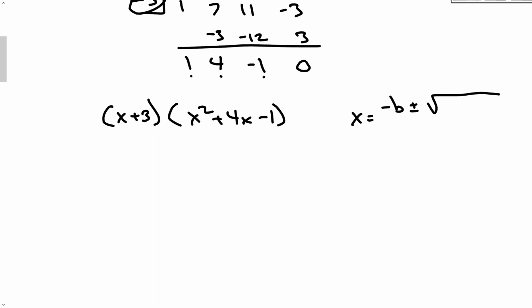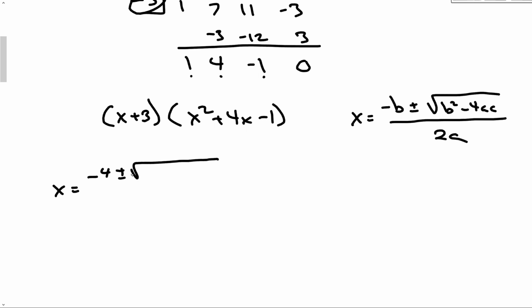Negative b plus or minus the square root of b squared minus 4ac all over 2a. So x is going to be equal to negative 4 plus or minus the square root of 4 squared minus 4 times 1 times negative 1, all over 2 times 1.